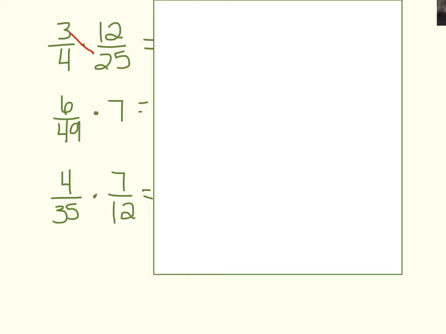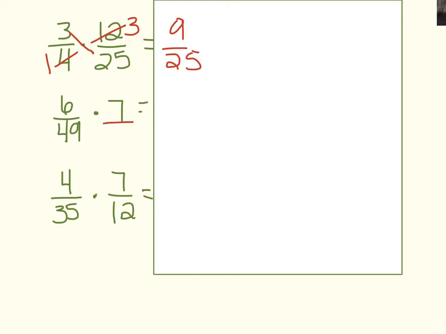No, it can't, so there's no simplifying to be done there. But 4 can divide 12. 4 goes into itself 1 time, and it goes into 12 3 times. So that gives me 2 new numbers to multiply. 3 times 3 is 9, and 1 times 25 is 25. And I already have the simplified product. I don't have to do extra work at the end.